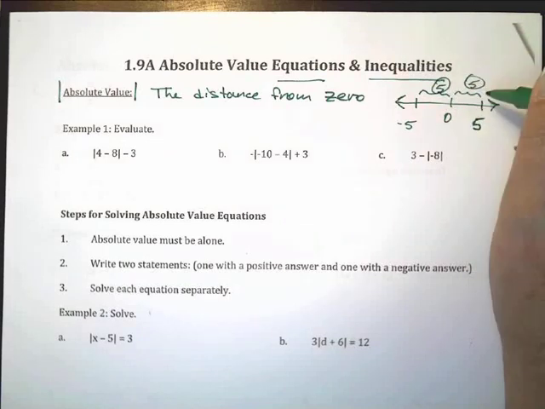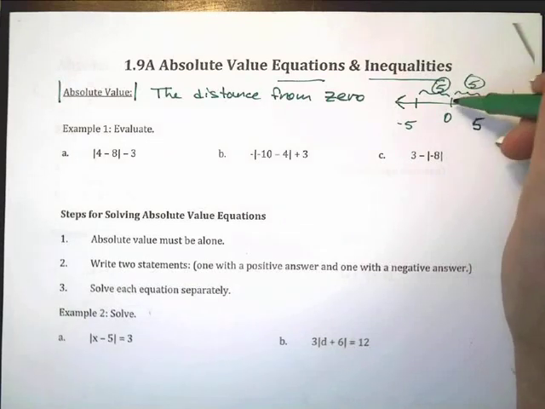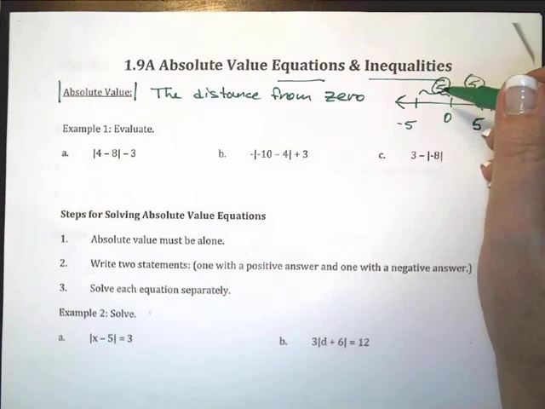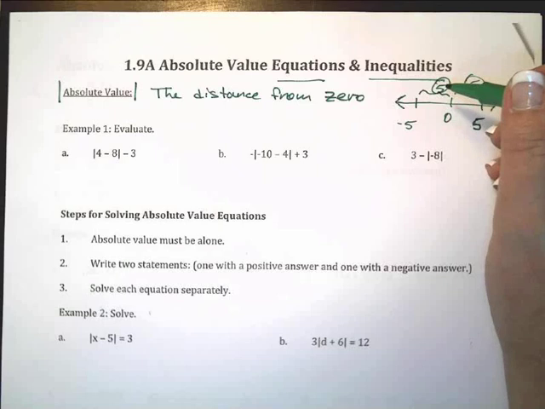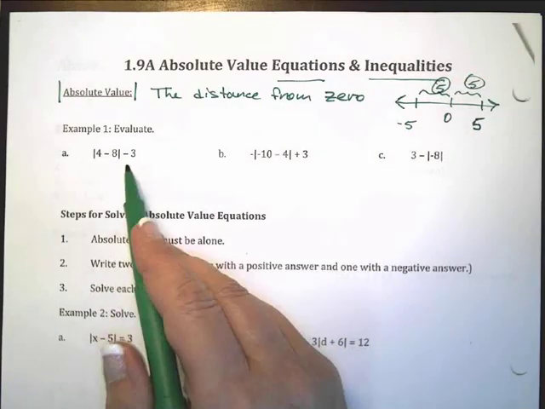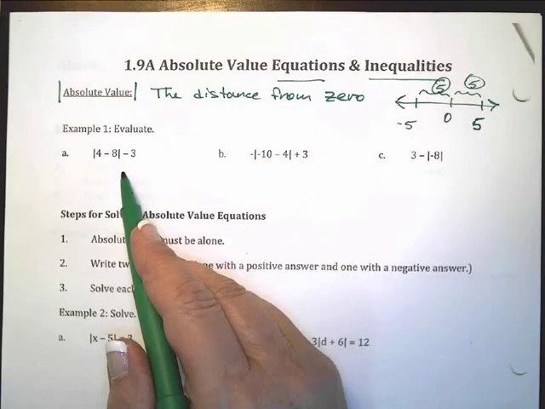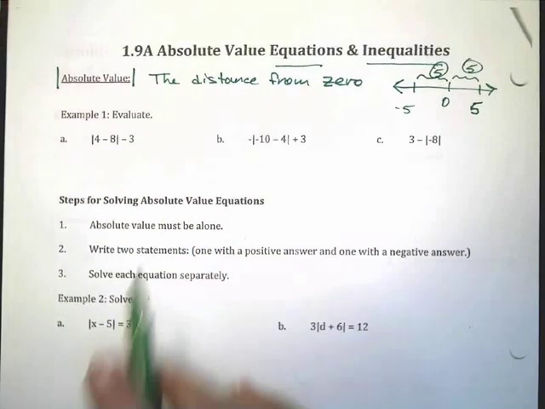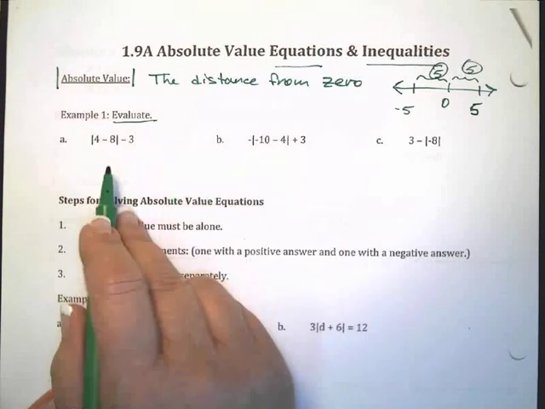So there are two numbers who have a distance of 5 from 0. And that's part of our reasoning for coming up with two solutions most of the time when we solve an absolute value equation.